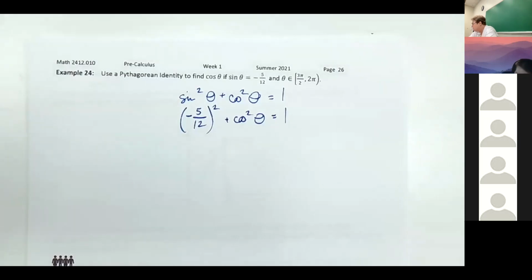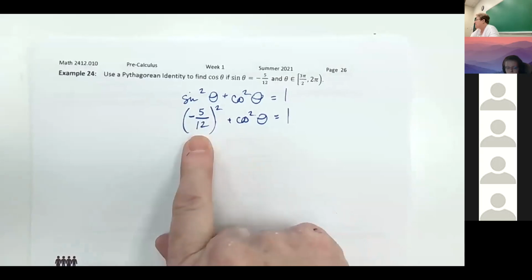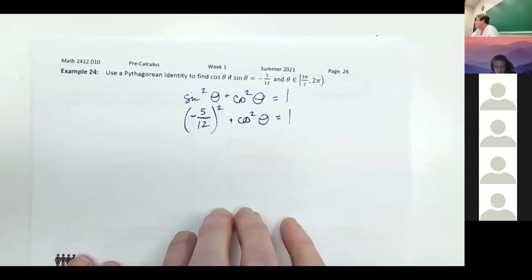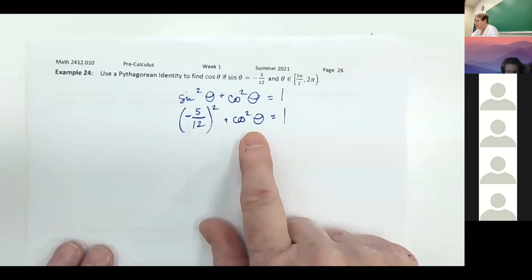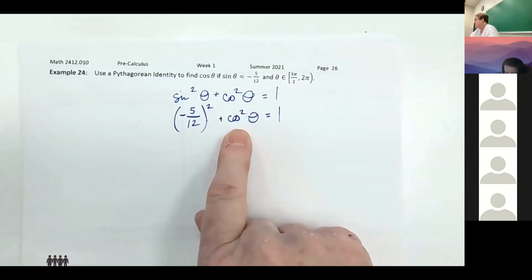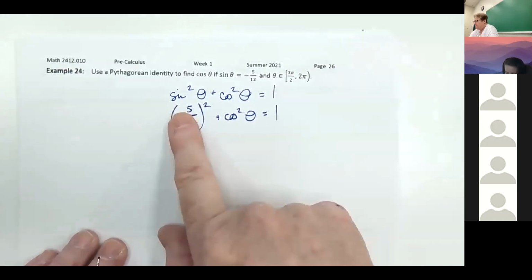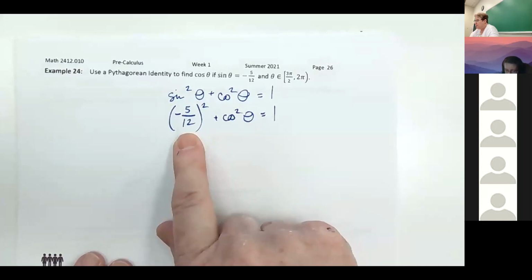Well, after we square negative 5 over 12, we'll move that over. Because cosine's already positive. So usually the thing you're looking for, if it's positive, you just leave it. So what is negative 5 over 12 squared?